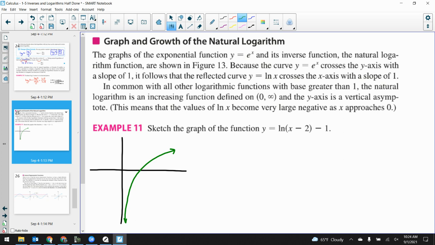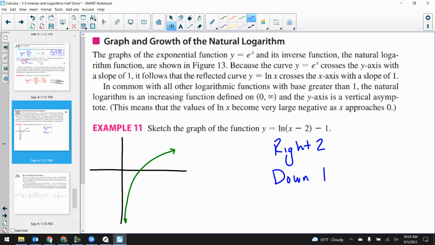The asymptote is the y-axis. Okay, the natural log of x, the asymptote is the y-axis. So now let's perform the transformations on it. What are the two transformations that I see? Right 2, down 1.